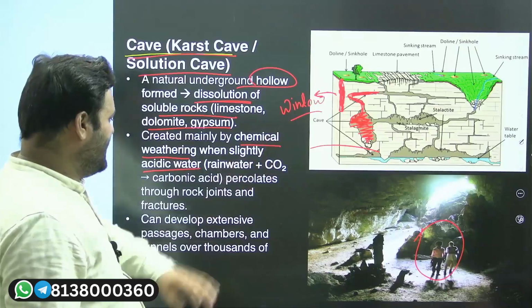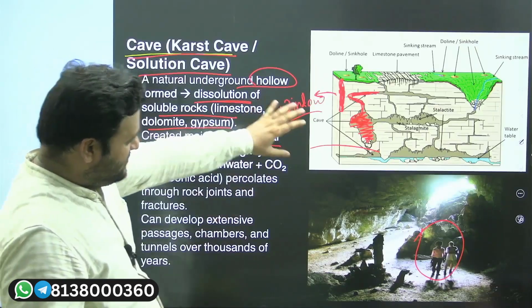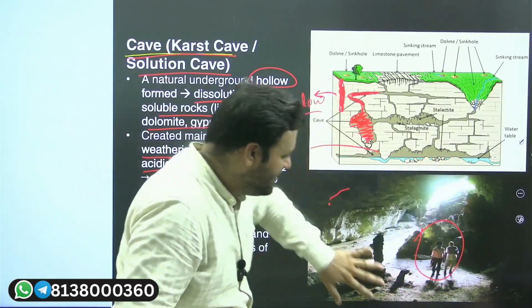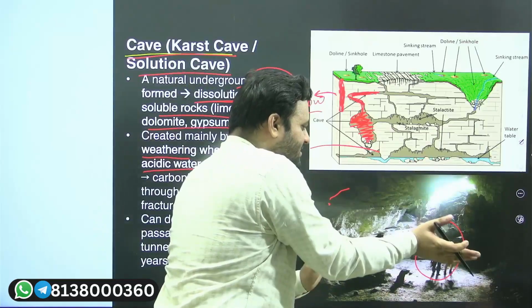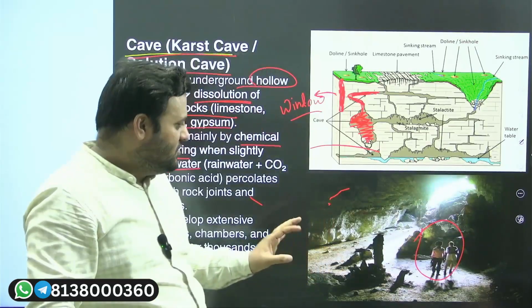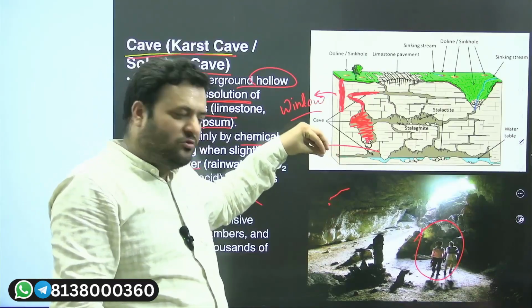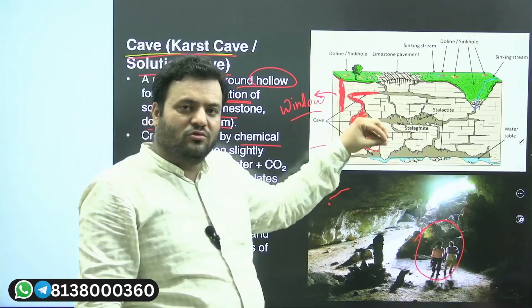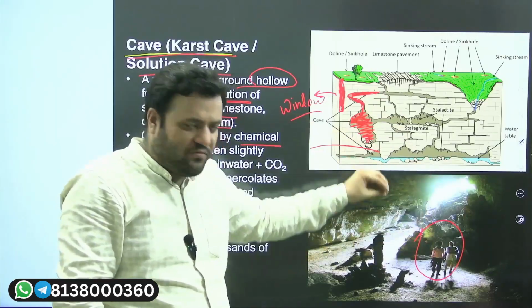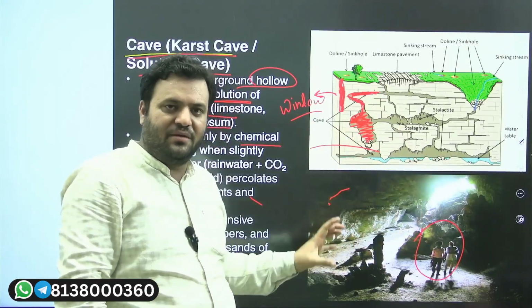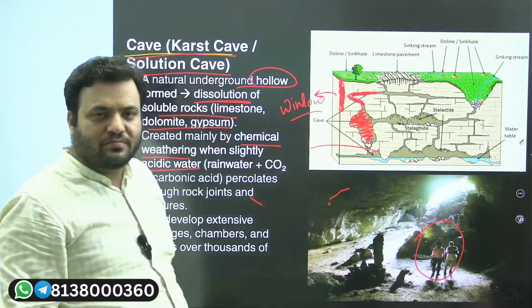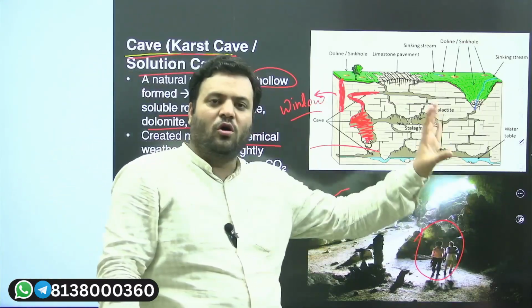As a result of that, suppose this portion is not there, we have limestone rocks here. Through those joints, through those particular fractures, the water will be able to pass, and it will wash away the rocks, and that's how the hollow has been created.